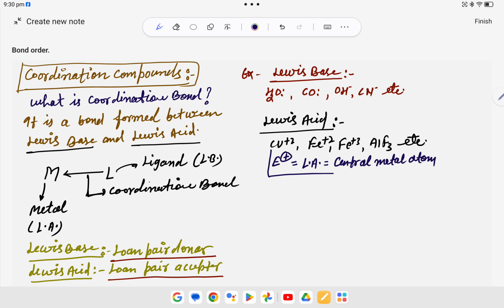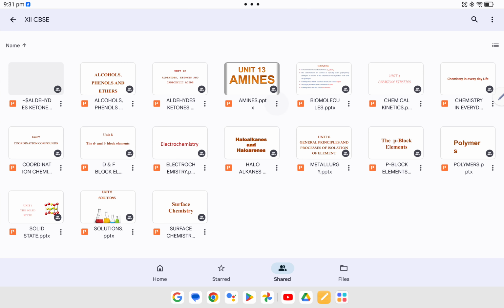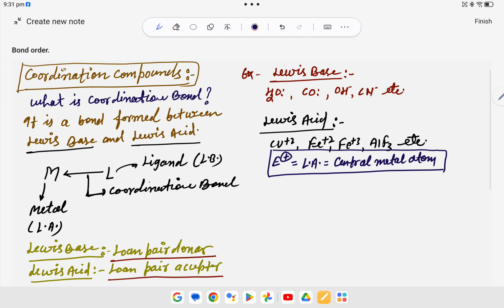That is the important point here. In the case of Lewis base, they are nucleophiles and they are ligands. Okay, so that is the concept of Lewis base.